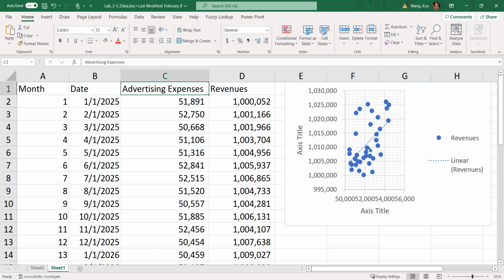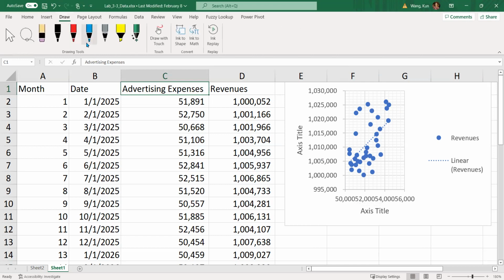And they simulate a line, like a scatter plot, fit a line. So you can see, we visually fit a line.